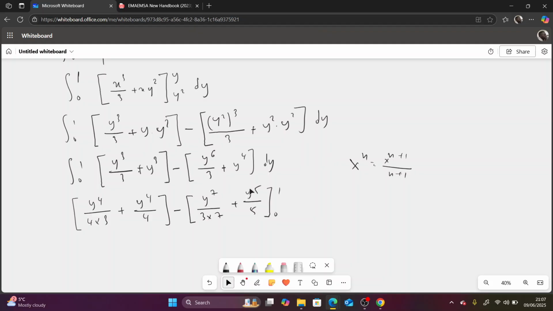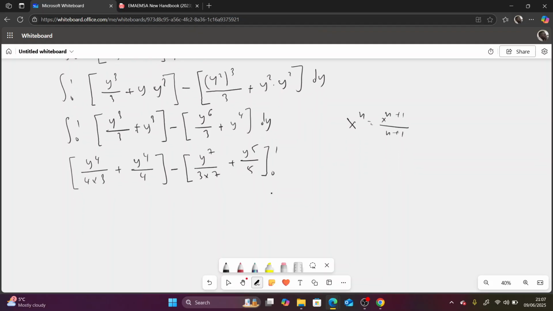So if we can rewrite it together, what we'll be having here is simply y to the 4 over 12, plus 1 over 4. I'm substituting the upper limit. So 1 over 12 like this, plus 1 over 4, minus 1 over 3 times 7, which is 21, plus 1 over 5.